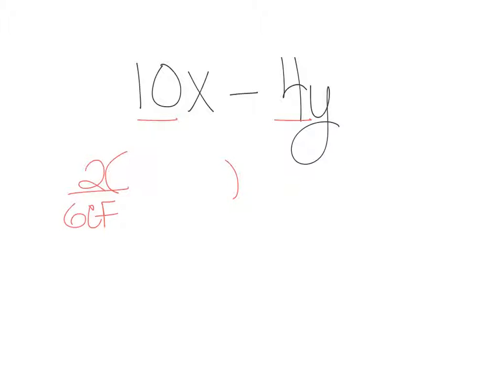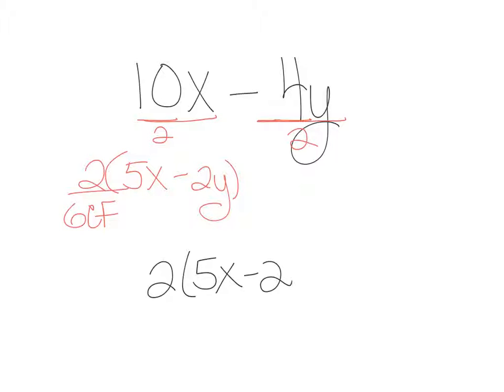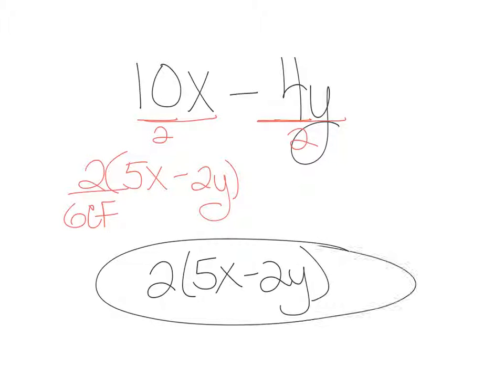My first term, 10x, I'm going to divide by 2, because that was my greatest common factor, and that leaves me with 5x. My second term is a negative 4y. I'm going to divide that by 2 and I get negative 2y. So your factored form is 2 times 5x minus 2y.